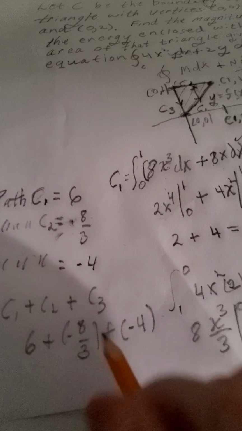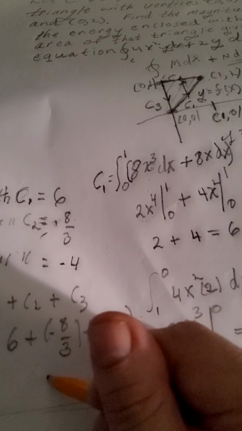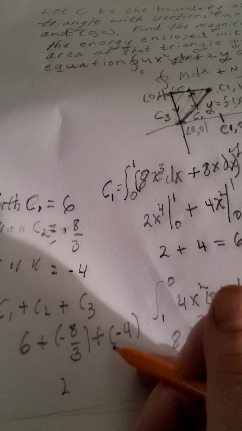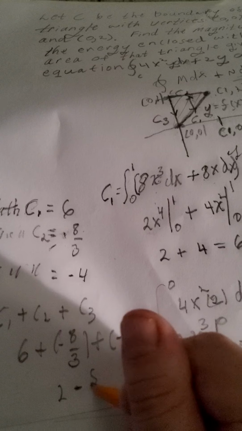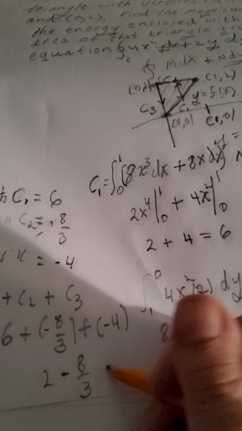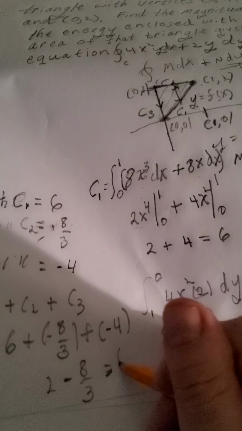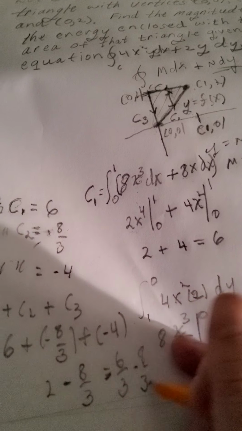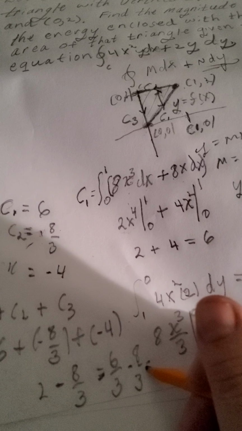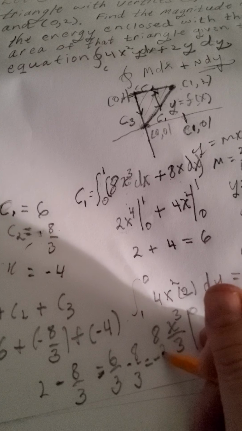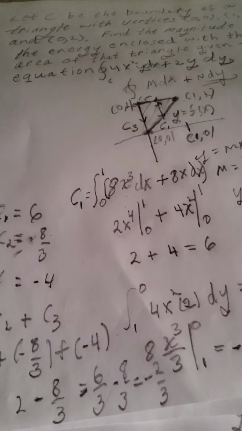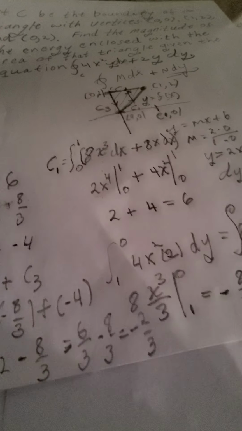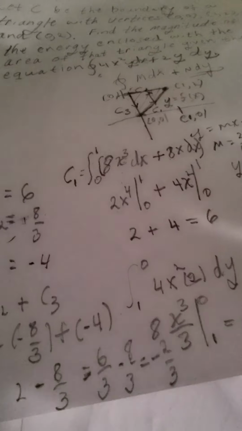Do the whole integers first, and I get 2. Okay, so that's going to be 2 minus 8 over 3, which is going to be 6 over 3 minus 8 over 3, which will equal negative 2/3. Okay, so negative 2/3 will be my answer.